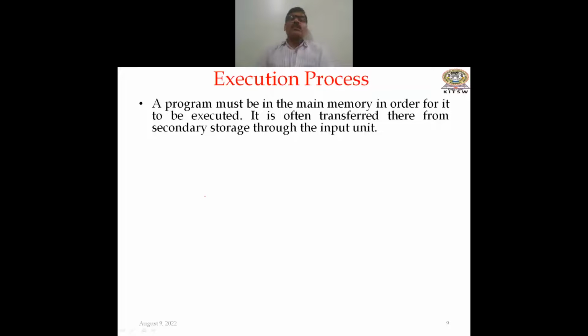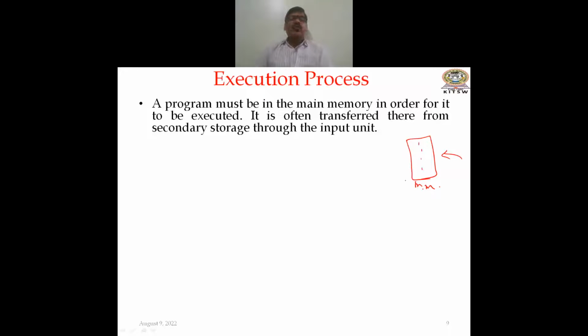Now the execution: a program must be in the main memory whenever we want to execute it. Generally it is transferred from the secondary storage unit through the input unit into the main memory. The programs stored for future purposes in the secondary storage will be brought into the main memory.